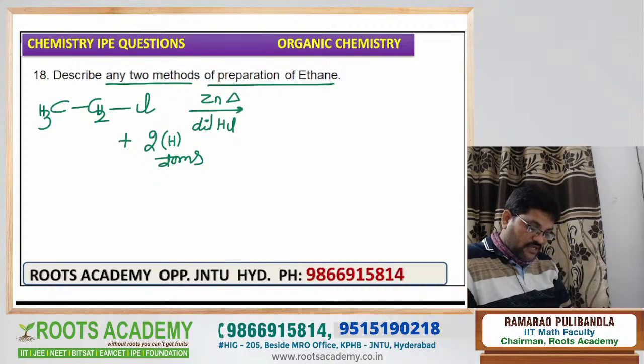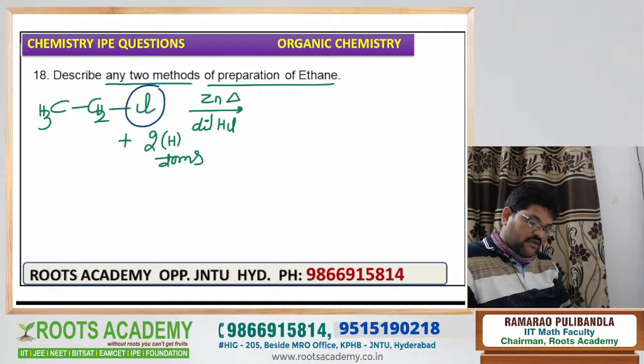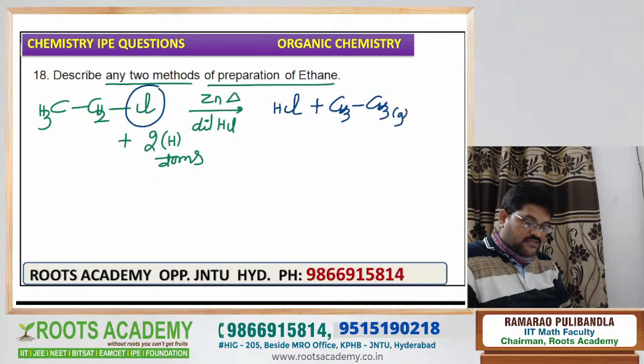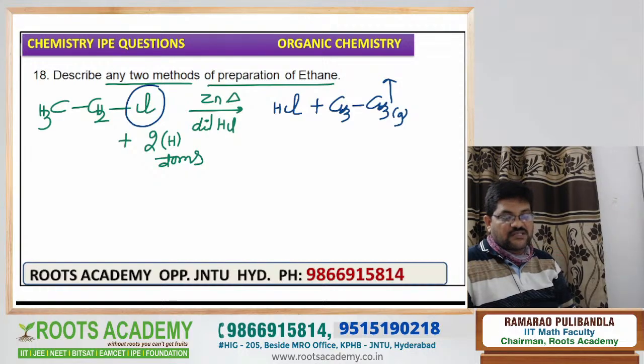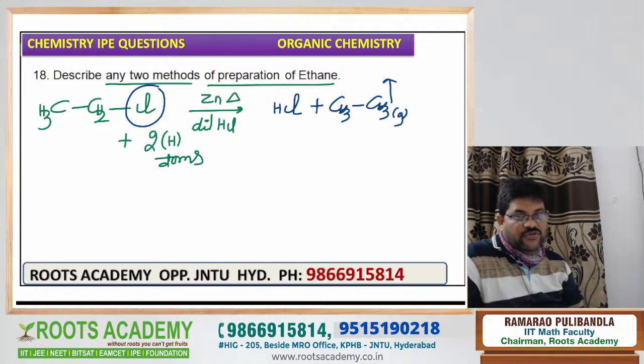One nascent hydrogen atom combines with the chlorine atom and is removed in the form of HCl, and you get ethane gas. Simple explanation, no confusion.